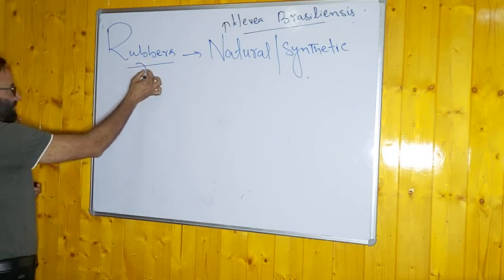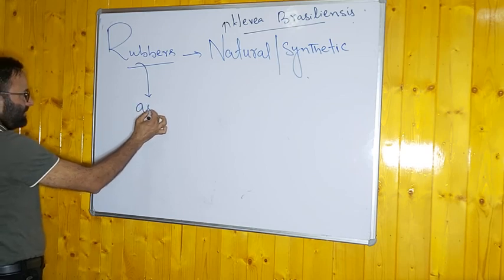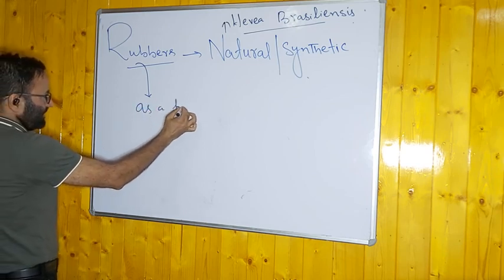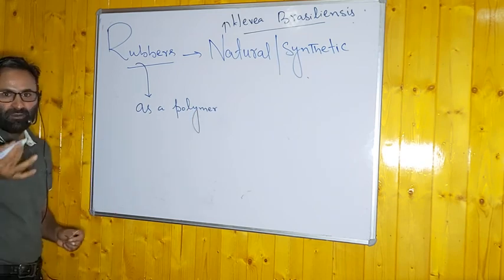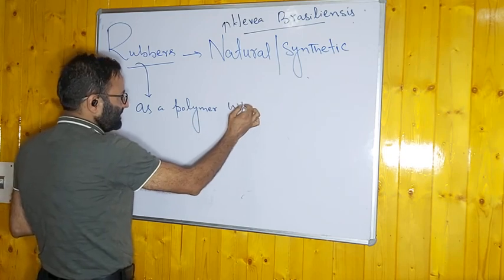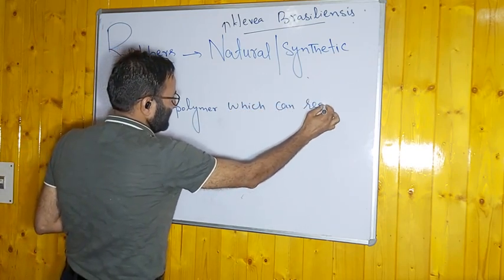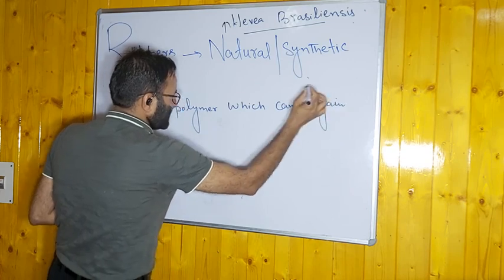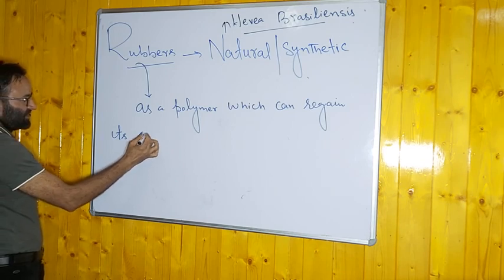What is meant by rubber? It is a polymer. Rubber can be defined as a polymer, which means that rubber is a kind of polymer. But how can we define the rubber as a polymer?